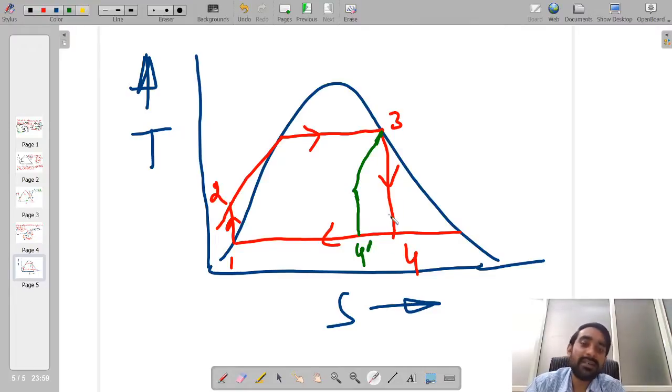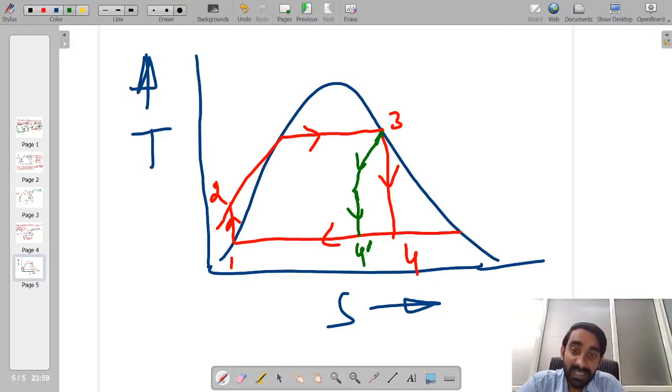However, now in our cycle certain amount of heat is actually removed. If certain amount of heat is removed, it will be decreasing the entropy of the working medium. So that's why the expansion process now in our cycle with ideal regeneration will be taking the shape something like this, as I have shown in this process 3 to 4 dash.